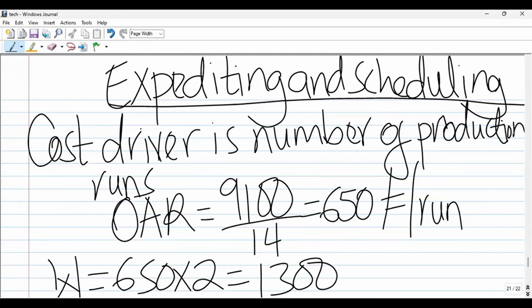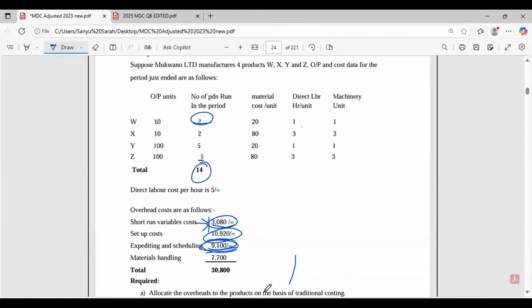Okay, then how did we get the 9,100? It is the cost they gave you in the question. The cost we are apportioning is expediting and scheduling. What is the cost? 9,100.